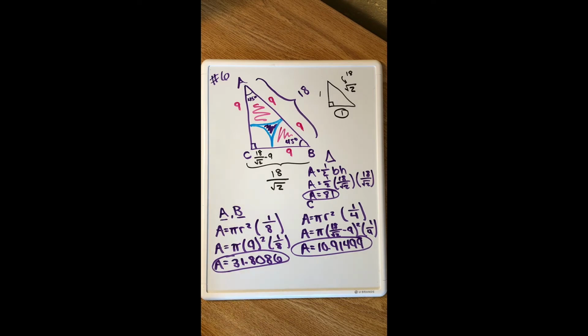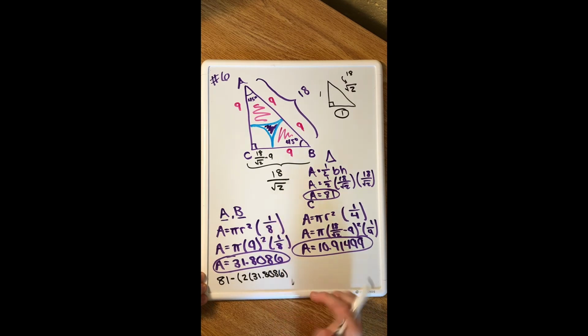So then all we have to do is take the triangle area minus the sum of all the areas of the arcs. So we have 2 arcs that have an area of 31.8086, and we have one that is an area of 10.91499.